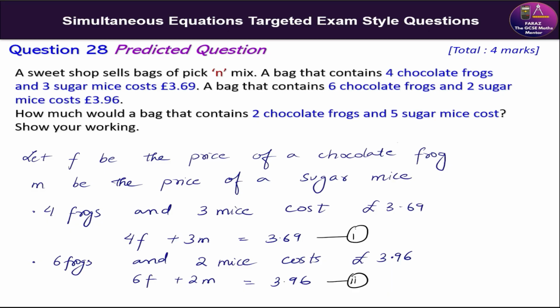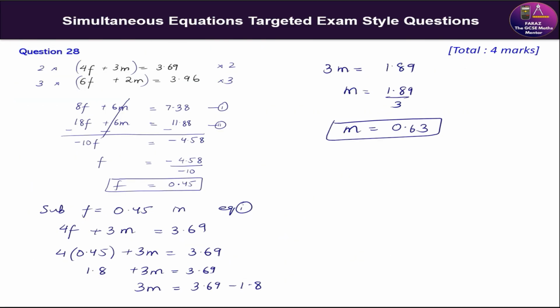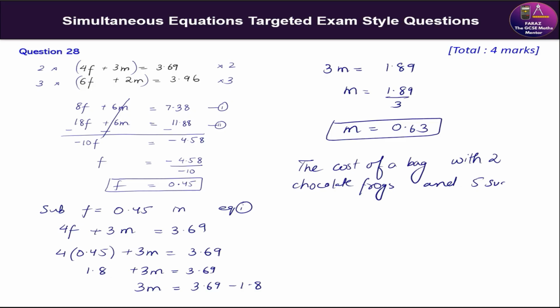Now the question asks: how much would a bag that contains 2 chocolate frogs and 5 sugar mice cost? Show your working. We have shown already. So to do this, we can calculate the cost of a bag with 2 chocolate frogs and 5 sugar mice.